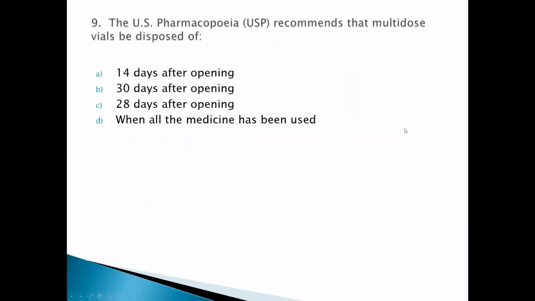Number 9, the U.S. Pharmacopoeia recommends that multi-dose vials be disposed of 14 days after opening, 30 days after opening, 28 days after opening, or when all the medicine has been used.